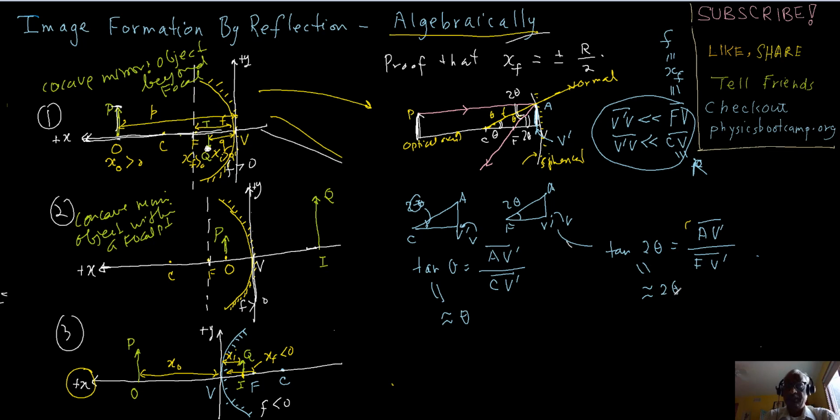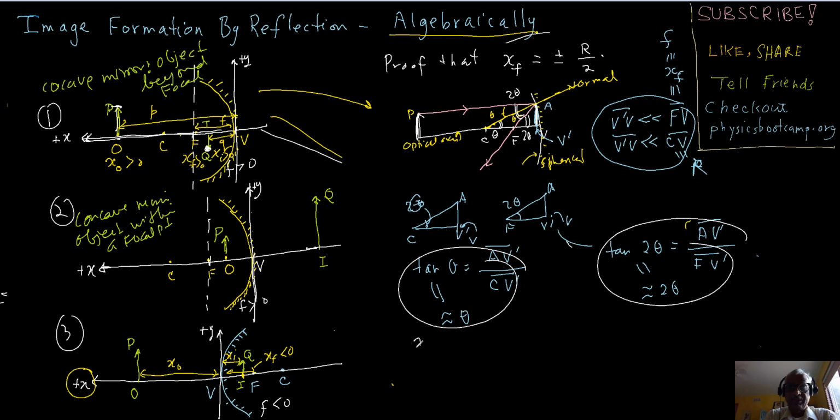So if I just say this divided by that, then it's going to be 2 theta over theta, and I'm going to have AV prime over FV prime times CV prime over AV prime.